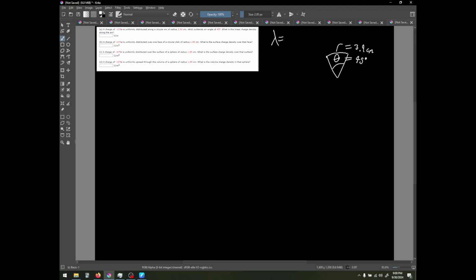This is chapter 22. Wonderful. Okay, lambda equals Q over L, and that's for linear charge density.